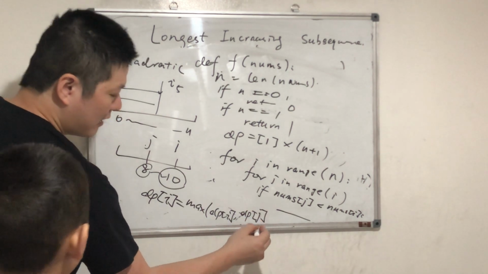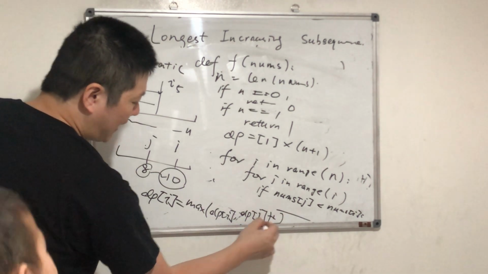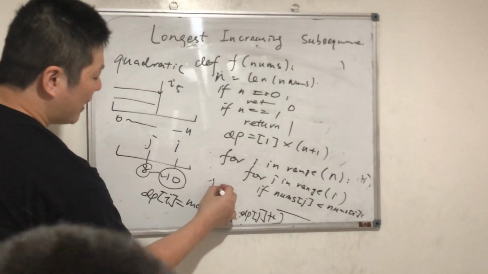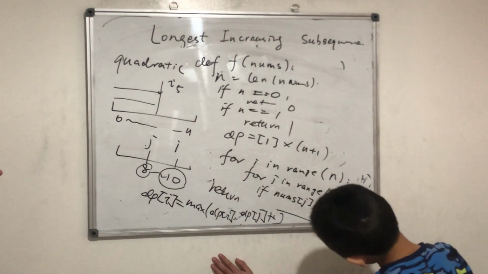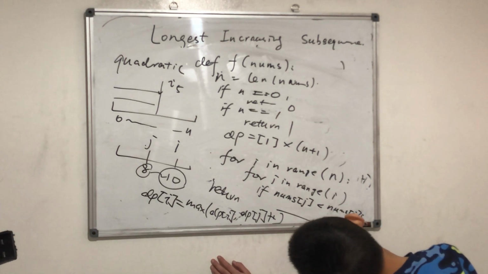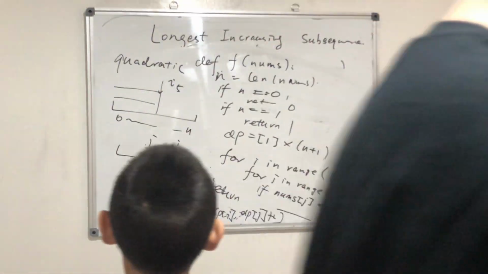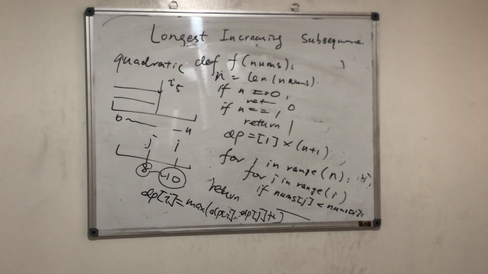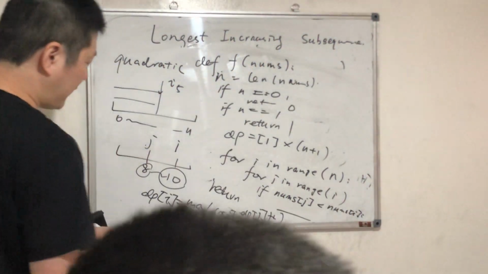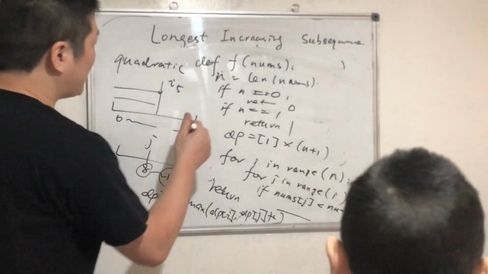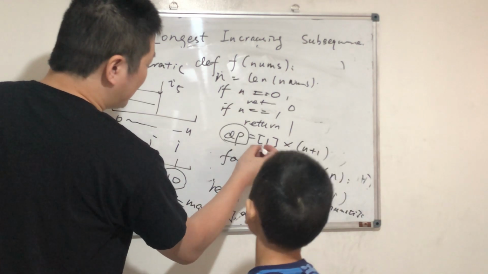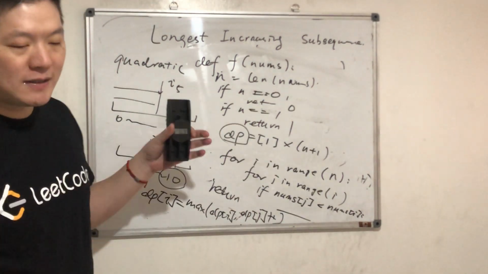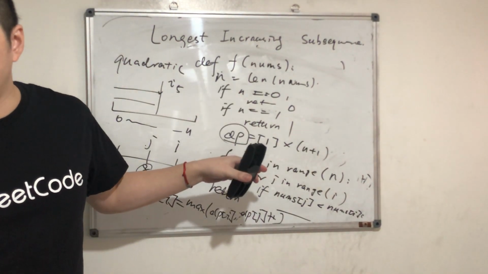And then return what? Return something from dp. Look, dp[i] is the longest subsequence that ends at number i, right?